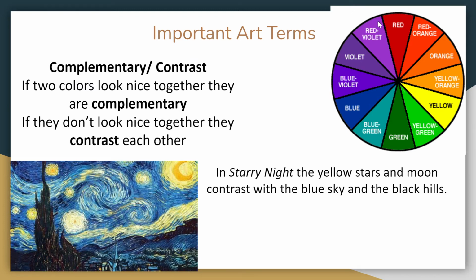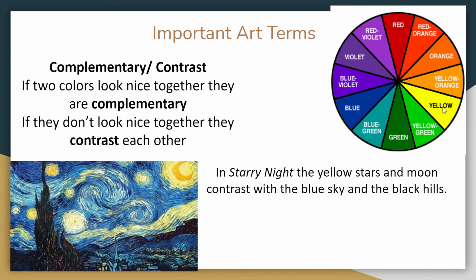Now, if you chose a color like red and a color like green, they do not look alike. They are opposites. They are not similar. So we say they contrast each other. Red and green, they contrast each other. They are not similar. They are contrasting, right?